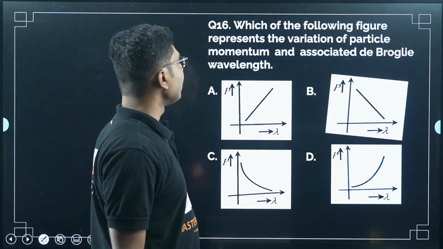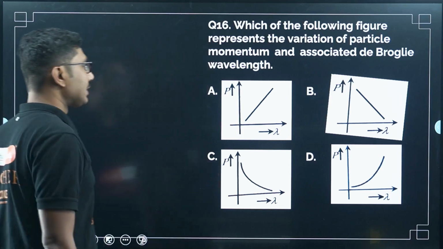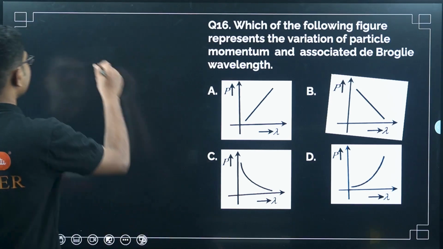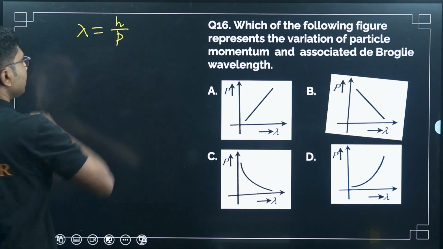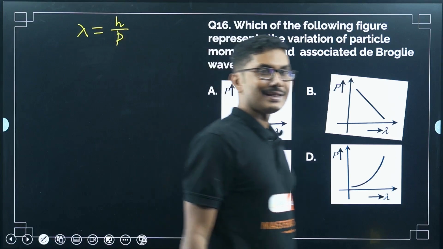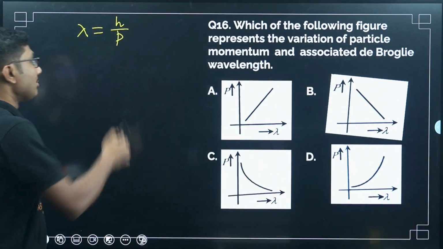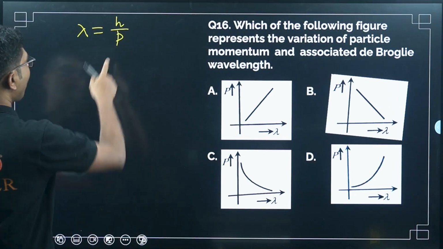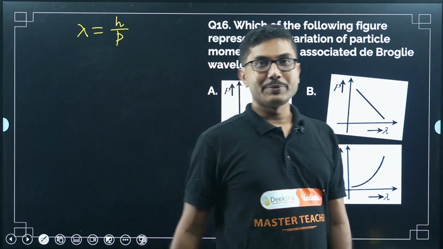Which of the following figures represents the variation of a particle's momentum and associated de Broglie wavelength? Very interesting question. So we know that wavelength is h by p, right? Wavelength of light is h by p. Now this is the momentum. They have asked you, if you plot momentum and lambda one after another, then what will be the graph?